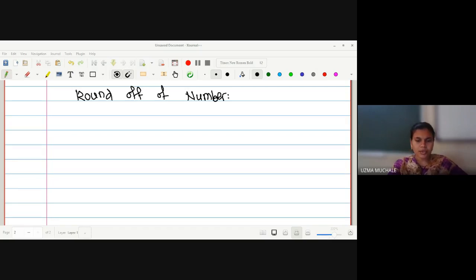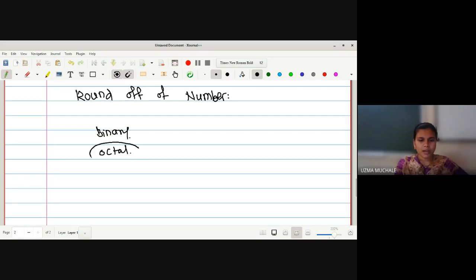Suppose you have clicked any image, no doubt initially it was with many numbers. Suppose you have studied these number systems, no? Let me write down the names. Binary number system, octal number system, hexadecimal number system.